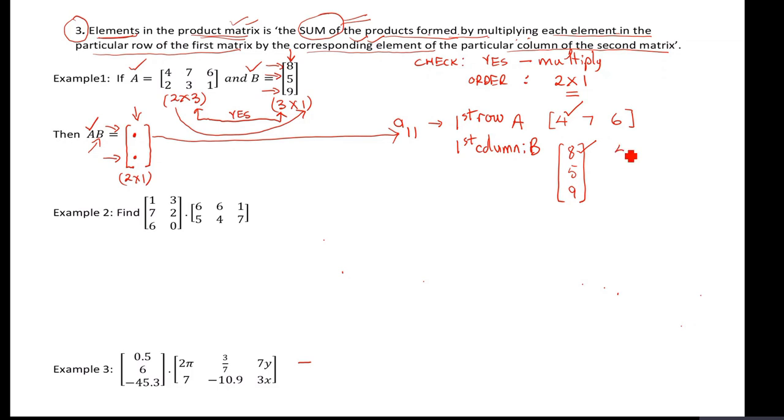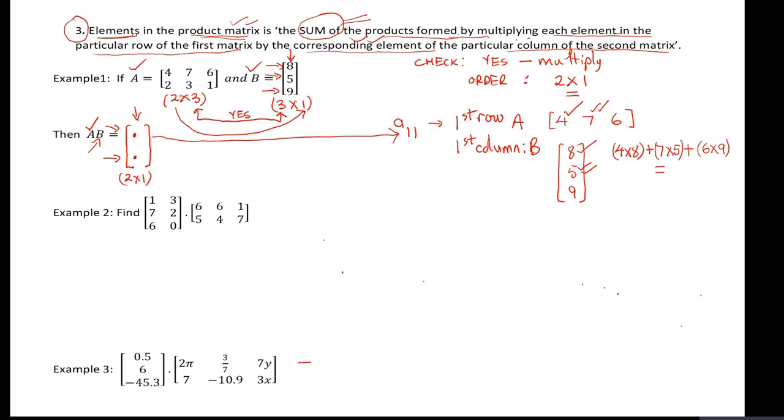So that will be 4 times 8. And then I add the second entry times the second entry of the column, 7 times 5. And lastly, of course, whatever's left, 6 times 9.